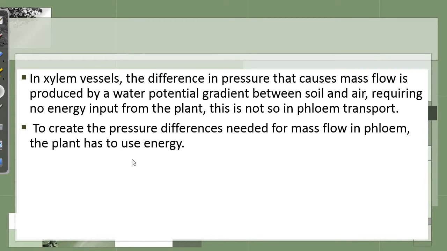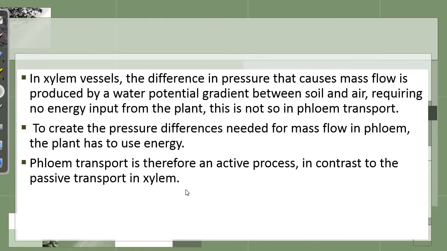To create the pressure difference needed for mass flow in the phloem, the plant has to use energy. Therefore, phloem transport is an active process, in contrast with the xylem, which is a passive process. So there needs to be an active loading of something.